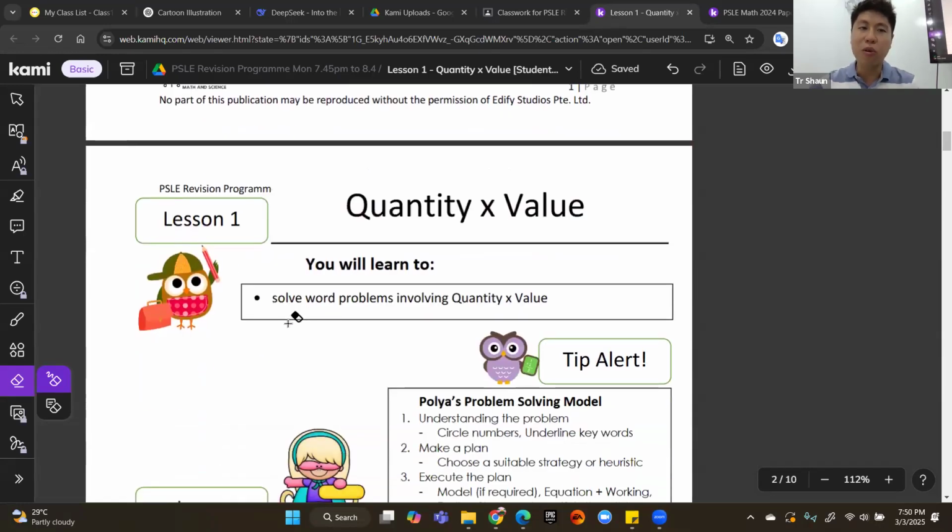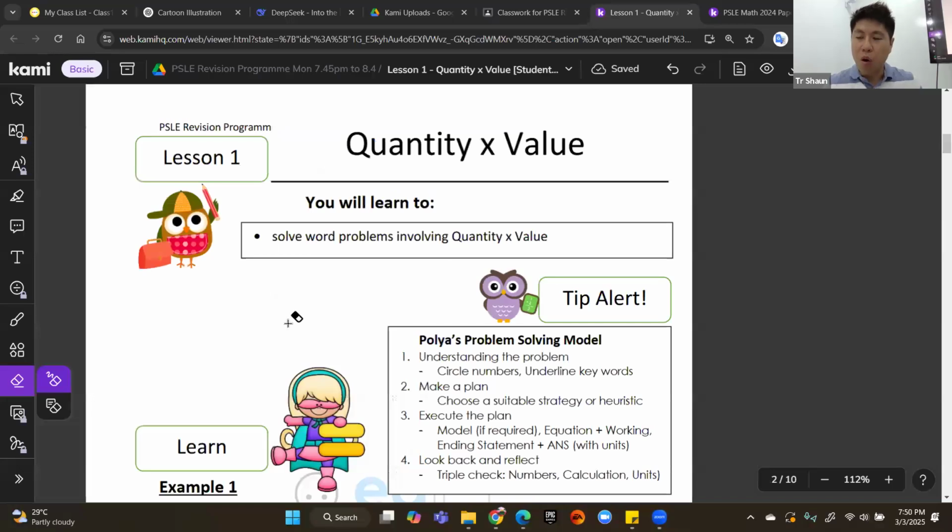So this will be like the PSLE revision program. Over the weeks, I will do different types of questions that come out. Those of you who are in my heuristic class, the questions that I post here would be different from the questions that you would experience in the heuristic class. Why are the questions here different? Because over here we will be targeting PSLE. That means I will be going through past PSLE questions and past prelim questions that I will sieve out from other schools.